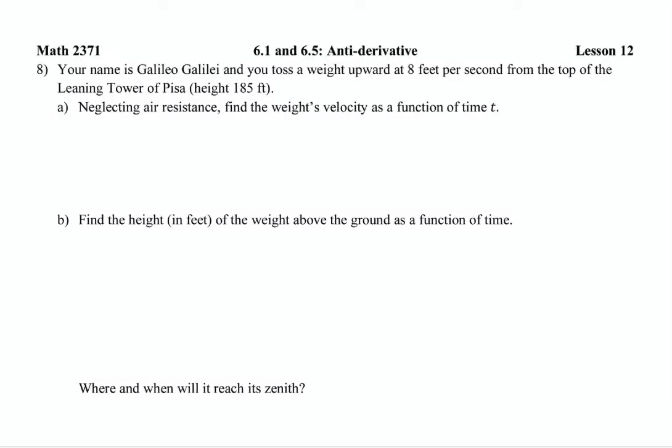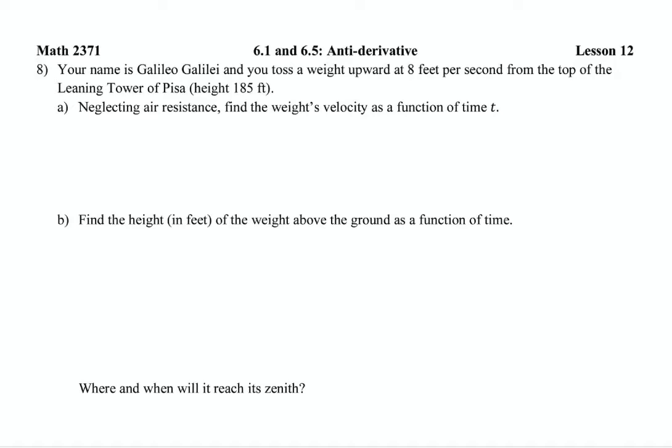Okay, now let's do the word problem for lesson 12. So your name is Galileo. You toss a weight upward 8 feet per second from the top of the Leaning Tower of Pisa. So that's 185 feet tall. Okay, neglecting air resistance, find the weight's velocity as a function of time.